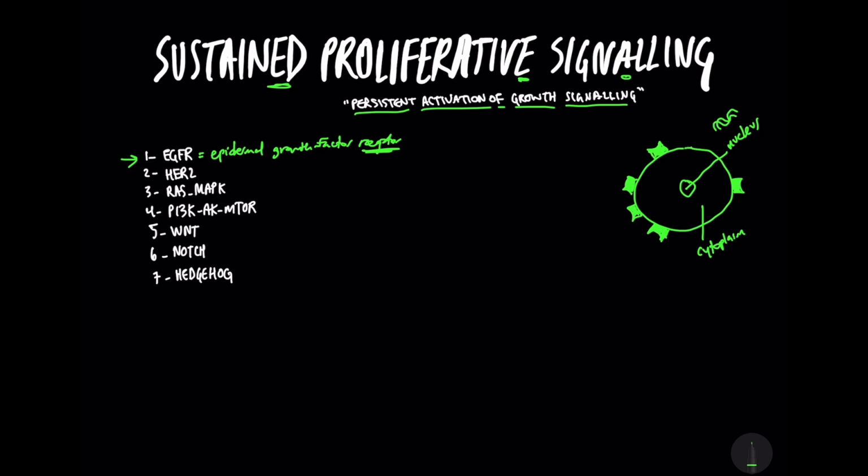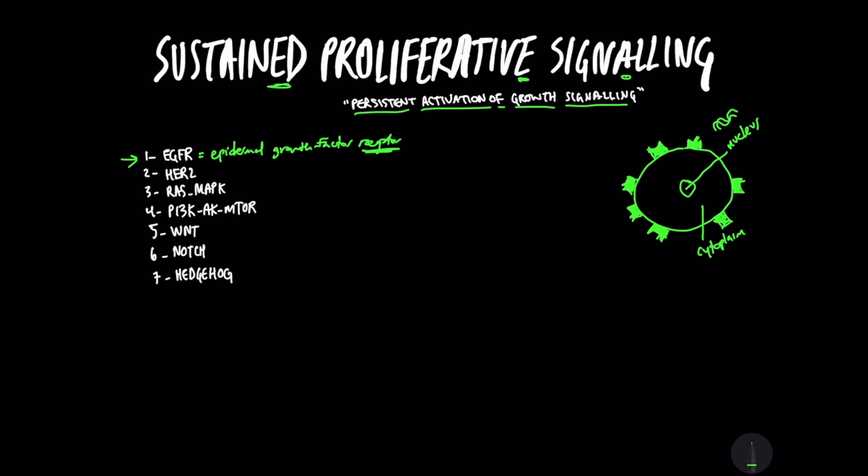These can be found on normal cells, but they can be mutated. For example, they may have a type of mutation that changes the receptor by a little bit, or there are too many of them on the abnormal cell.